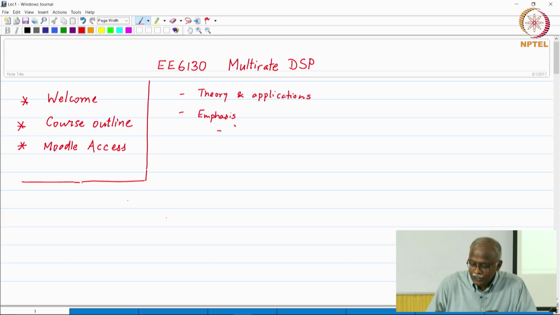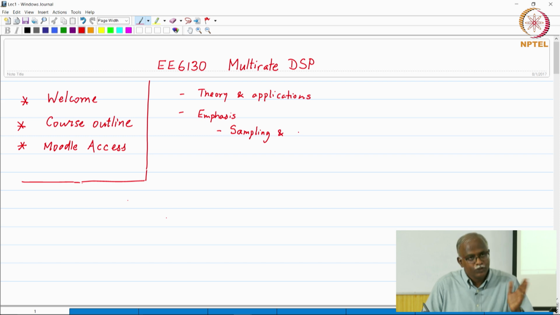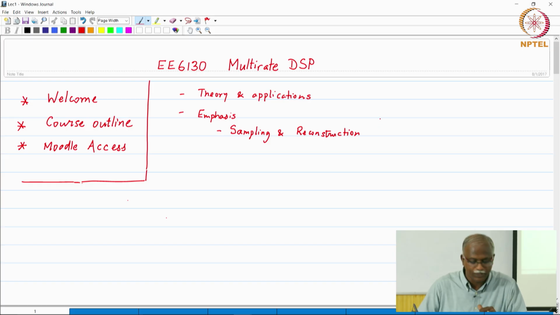In the DSP course, sometimes we don't spend too much time on the aspects of sampling and reconstruction. We do study it, we do study what the implications are, we look at the time domain aspects, the frequency domain aspects, but this is something that I believe will be a very useful part for us in the study of multi-rate signal processing.